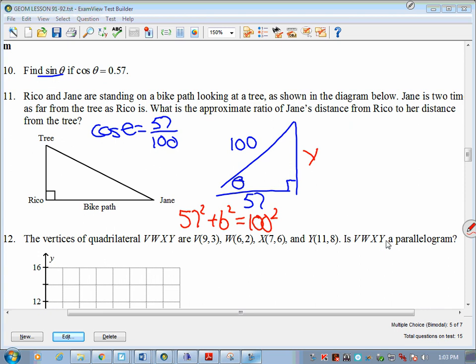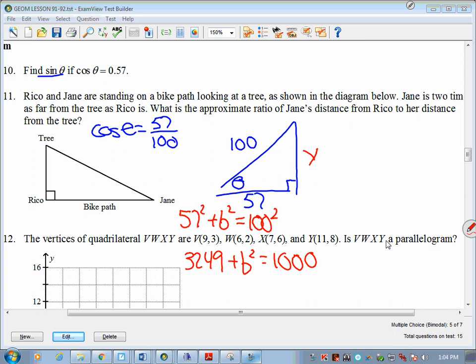Okay, 57 squared is probably a big number. 3,249 plus b squared equals 100 squared. Which is what, that's 4 zeros. Let's see, out of that we would end up doing what? No, 4 zeros.